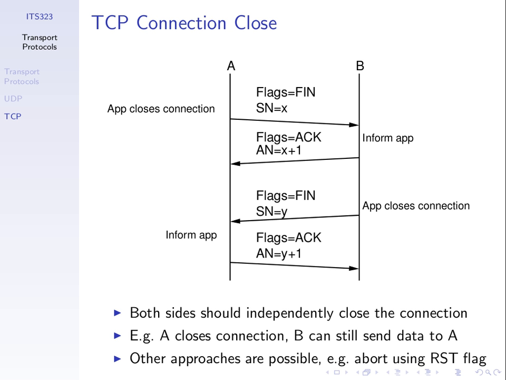Similar, or a little bit more complex, in that both sides can choose to close the connection. When A has no more data to send to B, it closes the connection or sends the FIN segment.